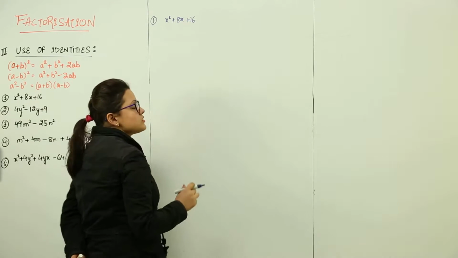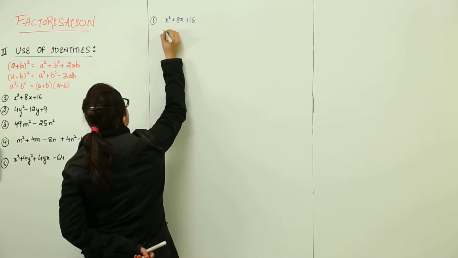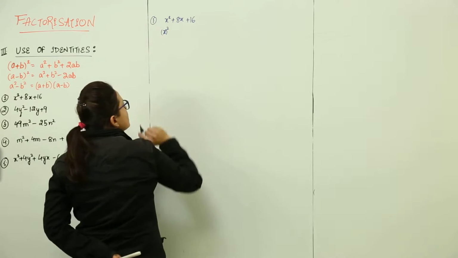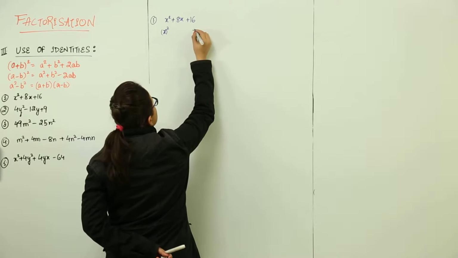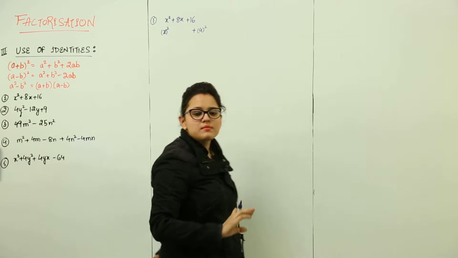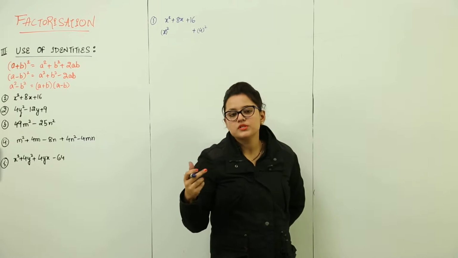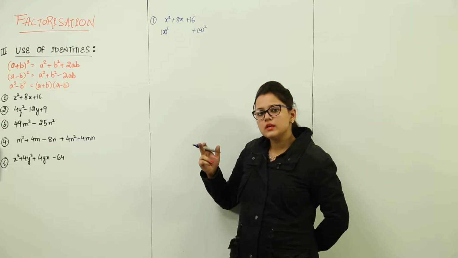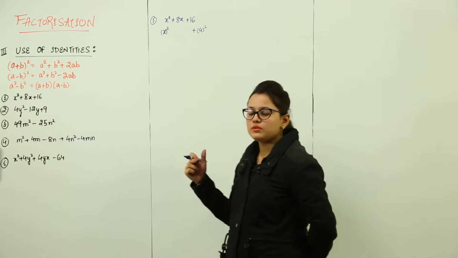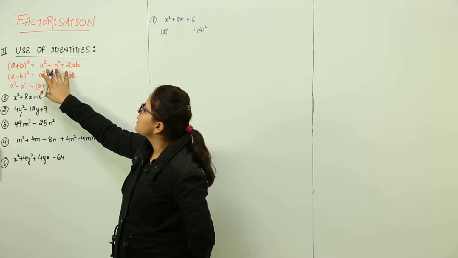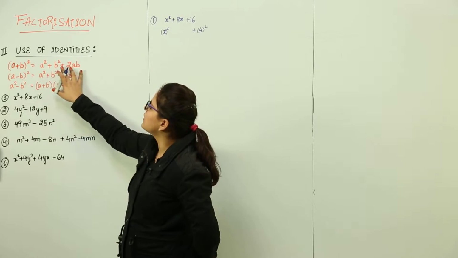Now in this question you have to do this. You can write x square as x whole square and you can write 16 as 4 whole square, right? That is simple. If you look at any such question, you can write x square as x whole square and 16 as 4 whole square. Now you can compare this with the first identity, which said a square plus b square plus 2ab.